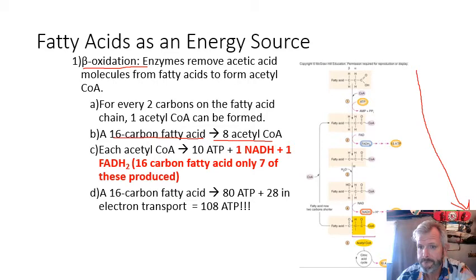Each time we cleave off the acetyl-CoA, we're reducing a molecule of FAD to FADH2, which we can use at the electron transport chain, and reducing a molecule of NAD. If you remember, the 1.5 is how much the FADH2 is worth at the electron transport chain, and the 2.5 is how much the NADH is worth.